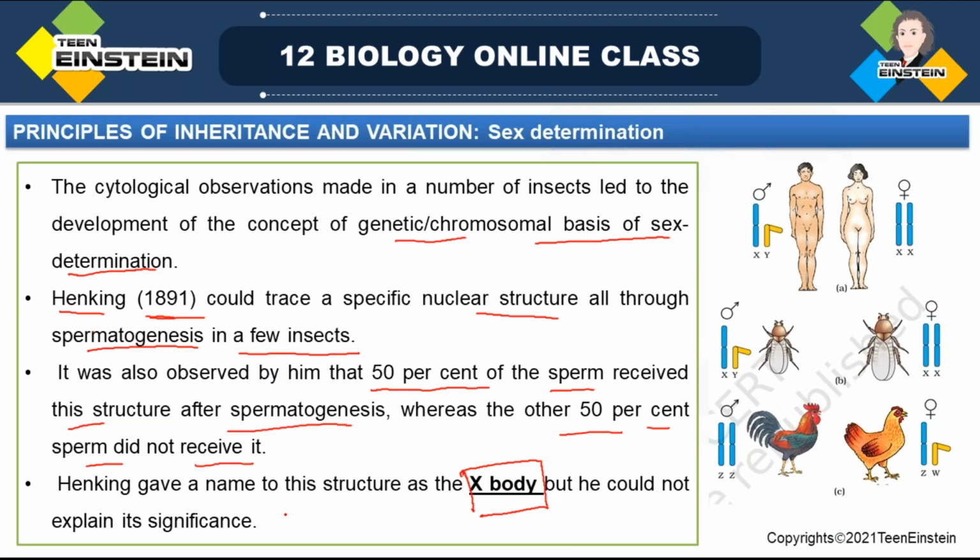All those followers, those who followed the same path of these scientists, made further investigations and gave the name X chromosome. What is that? X chromosome.